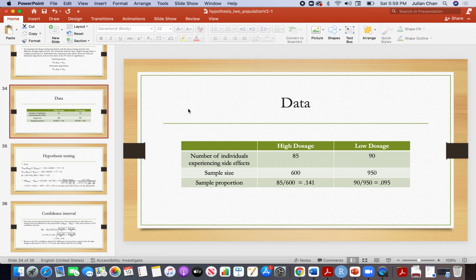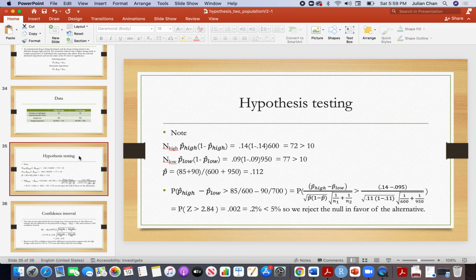Notice that we have more people experiencing side effects in the low dosage, but the sample size is larger, and hence the sample proportion is smaller for the low dosage. So these proportions are more our metric that we can use to say, hey, yeah, I'm experiencing side effects from this dose. So we need to test the hypothesis.